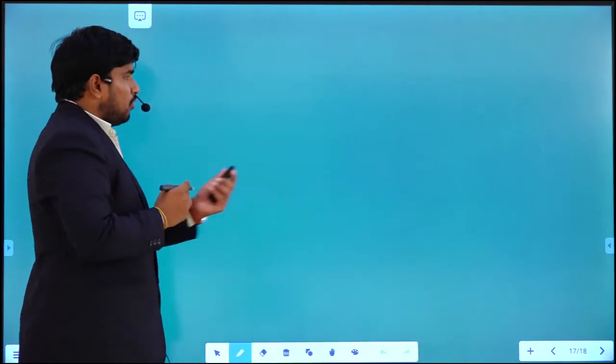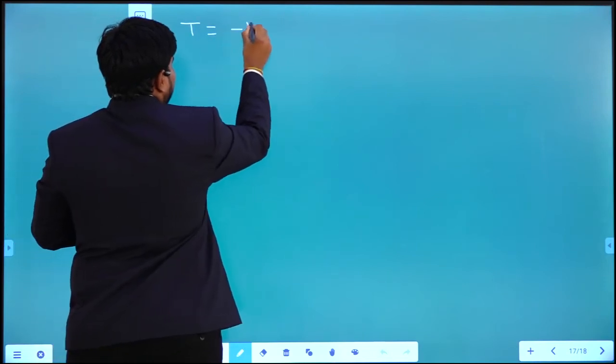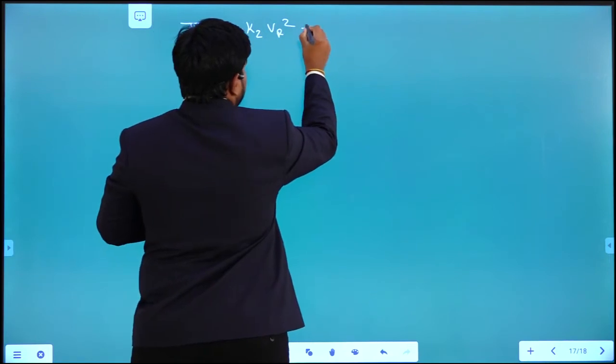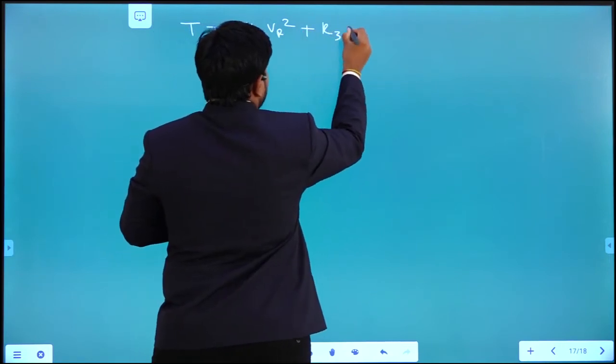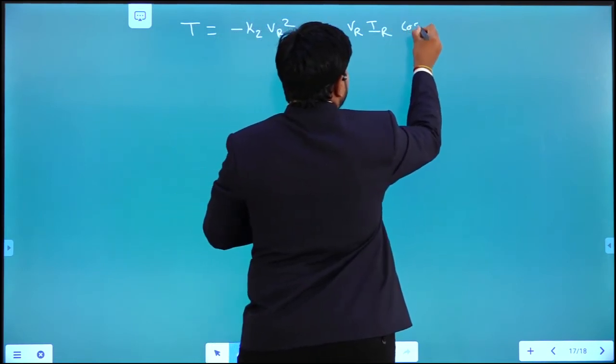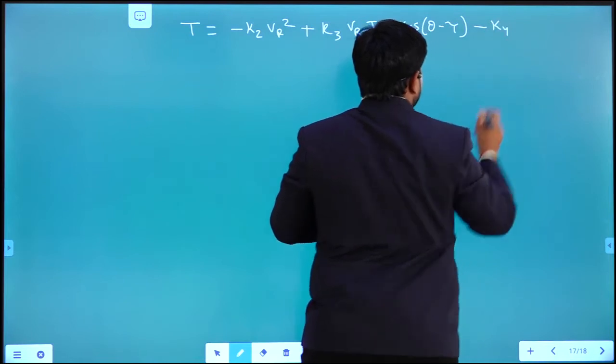Now let us find out the operating principle for the mho relay. So what is the torque expression for the mho relay? It is minus K2 into VR square plus K3 into VR IR cos of theta minus tau minus K4. Right.